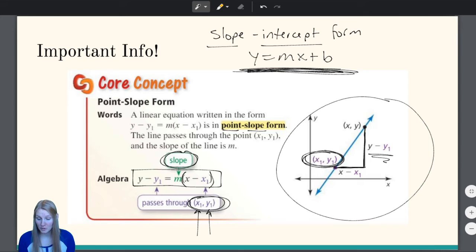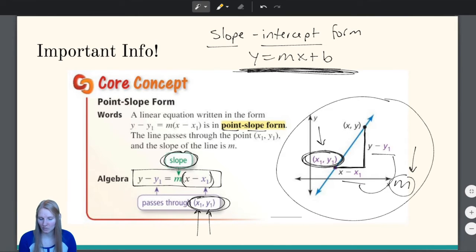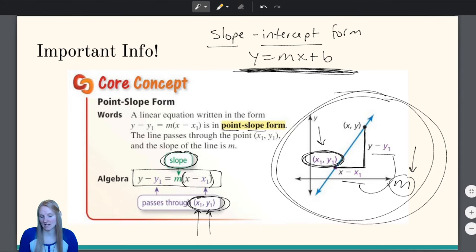And if we know those two things, together this makes up the slope. So if we have a point and we have the slope, we can actually have another point, implicitly, and then connect the dots. There's our line. So this is what point-slope form looks like on a graph.